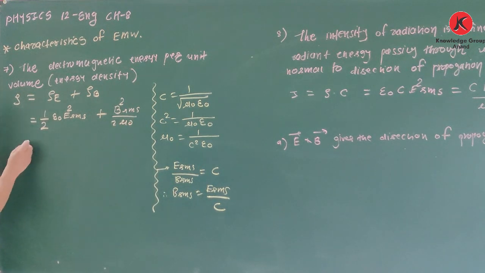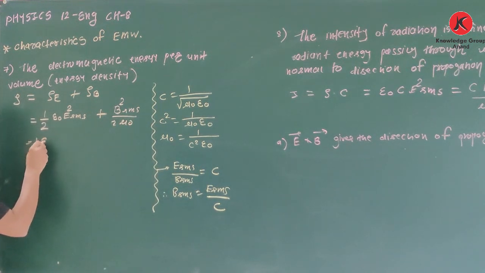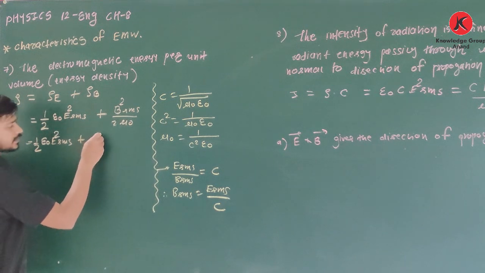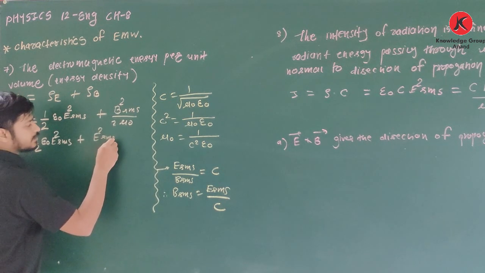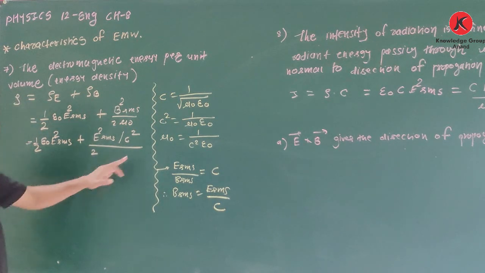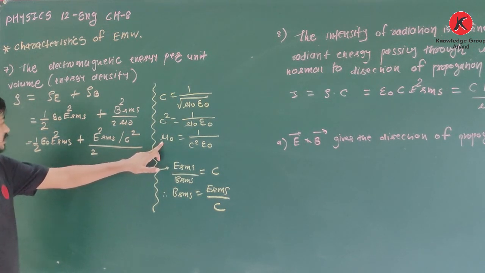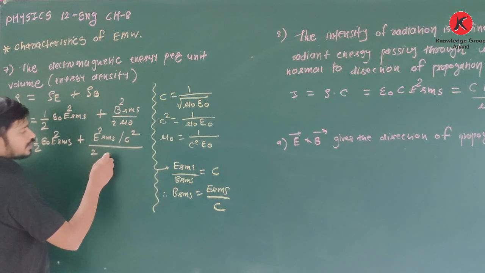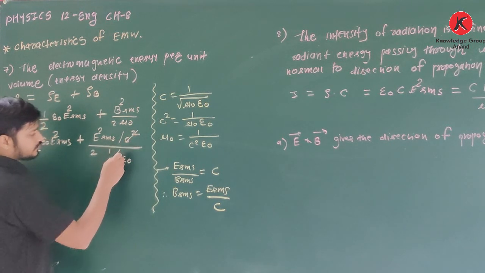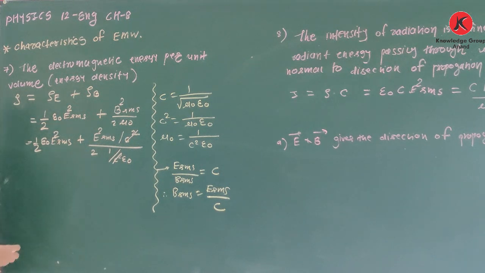So we will get half epsilon 0 E square RMS plus B square RMS, which is E square RMS upon C square, divided by 2 mu 0, and mu 0 means 1 upon C square epsilon 0. So the C square cancels, and epsilon 0 remains.